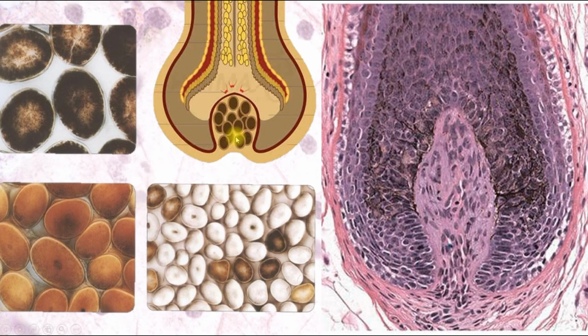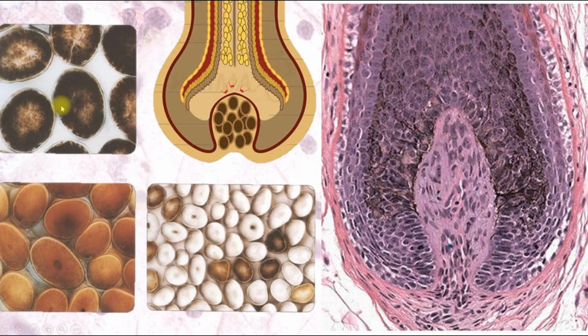And here we can see that the matrix contains melanocytes which produce melanin, and there are two kinds of melanin. It's eumelanin and pheomelanin. Eumelanin has a brown color, and pheomelanin has a red or orange color. When hairs have only pheomelanin, hair has different red and orange shades, ginger hair.